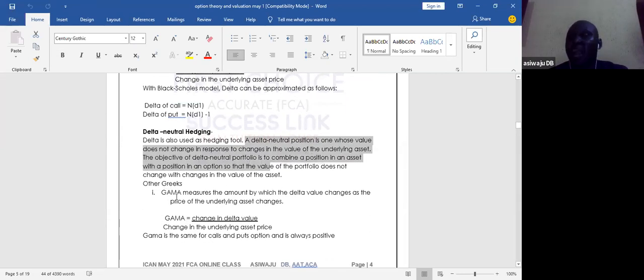Other Greeks we could have, because the examiner could ask you to explain some of these Greeks. We have what we call the gamma. Most of these terms might be coming new to us, but we need to understand them because they could be tested. One of them is the gamma.